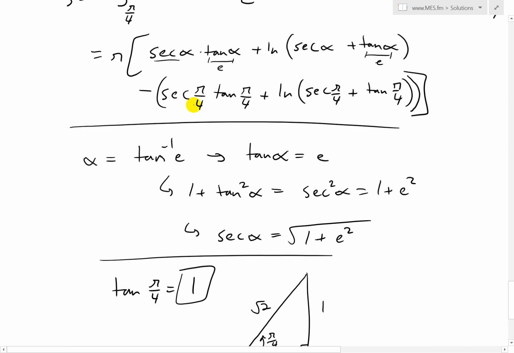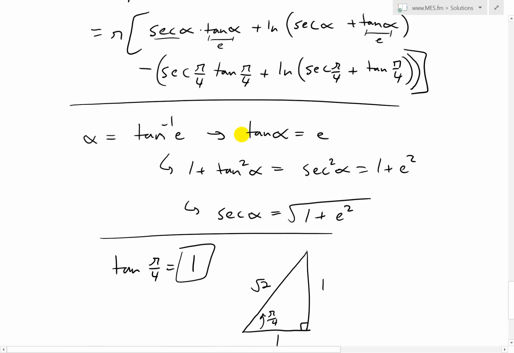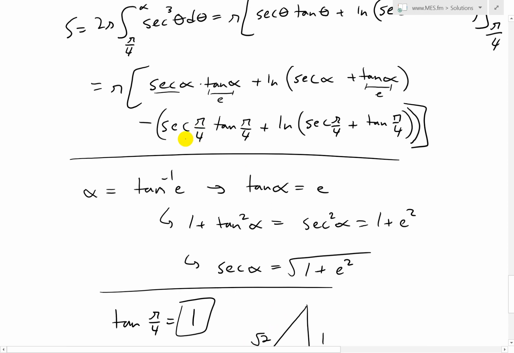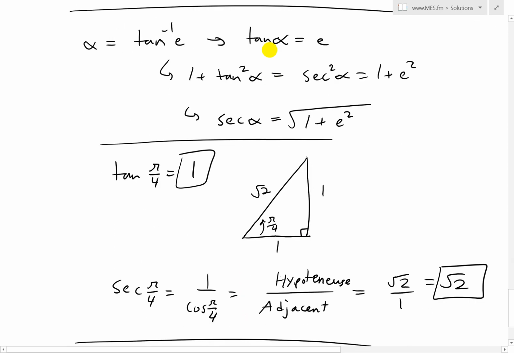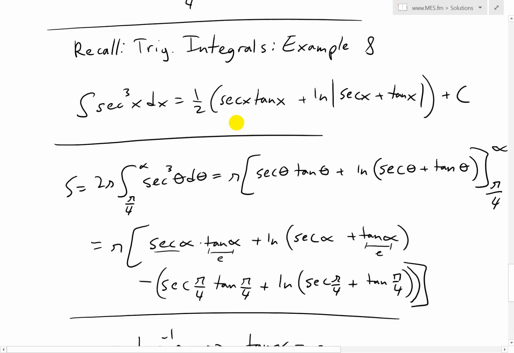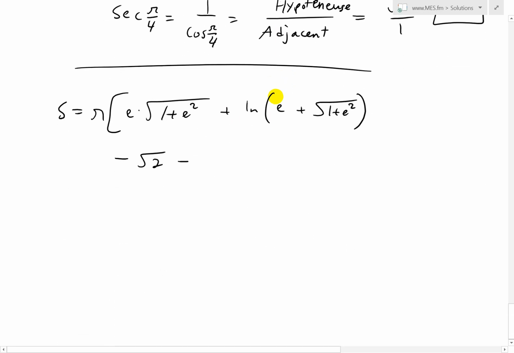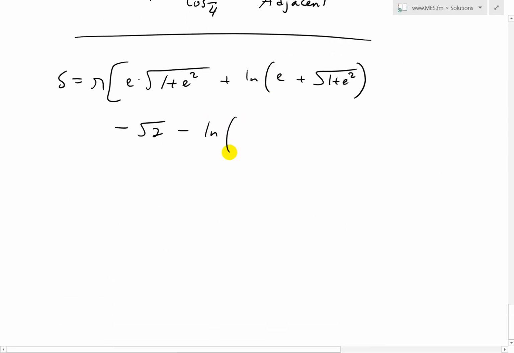And then last we have this subtraction, secant pi over 4, which is square root 2 times 1, so negative square root 2, minus, multiply the negative inside, now we add those up. So now we have minus ln of the addition of the 2, so we have 1 plus square root 2. And this is our answer right here.